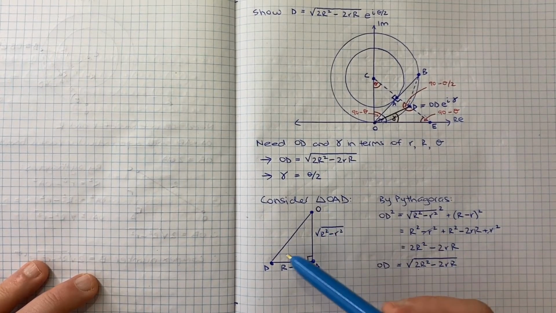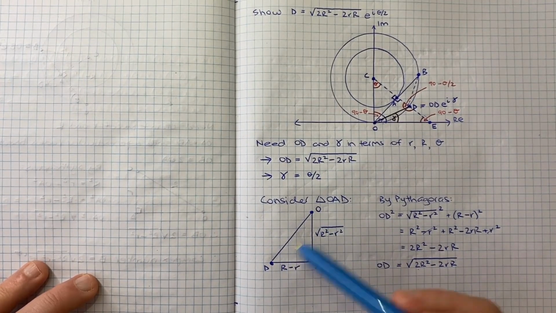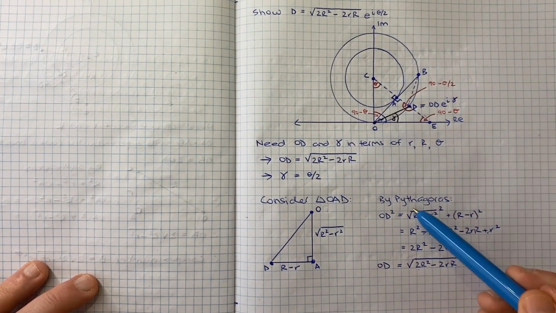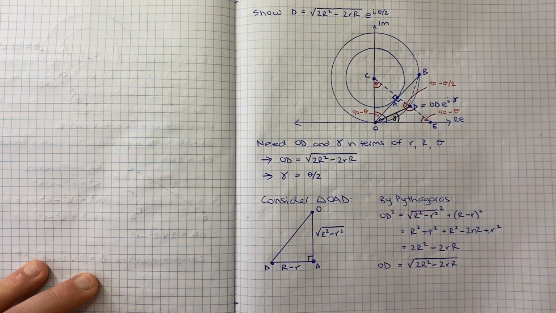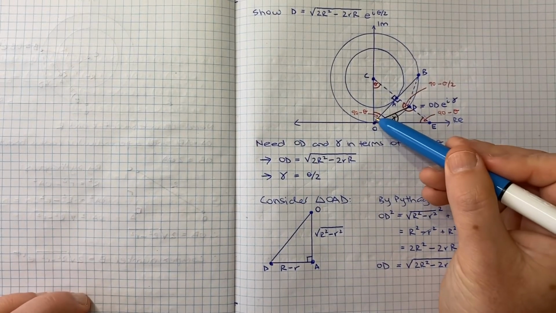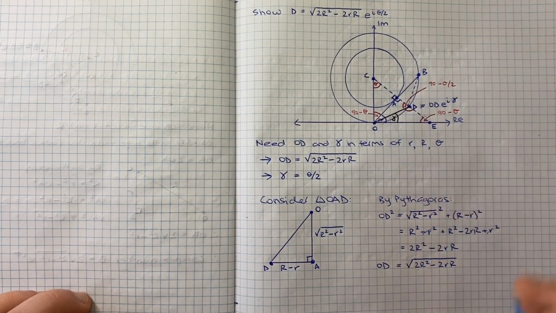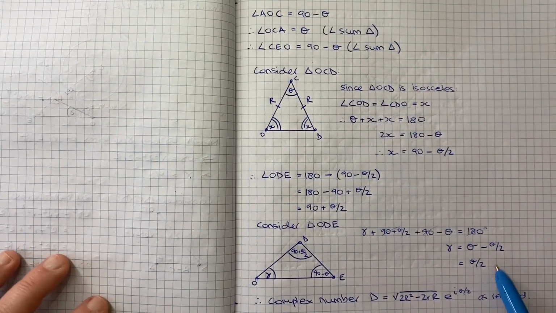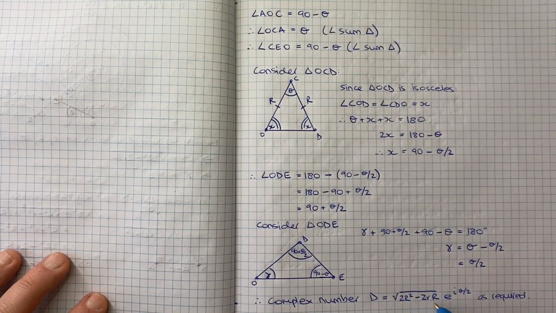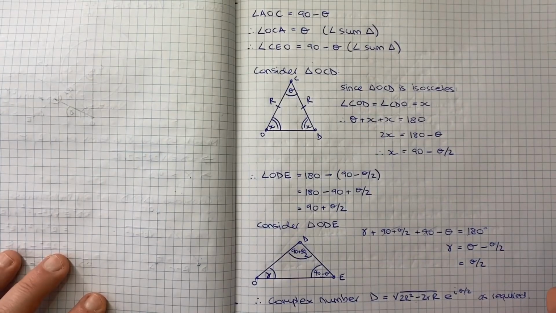First, we picked OAD to get the length of OD using Pythagoras. Then we did a bit of work around angle sum of triangles and the difference between a right angle or a straight 180 degrees to get all our various angles to eventually work out gamma, plug it into the exponential form, and job done.